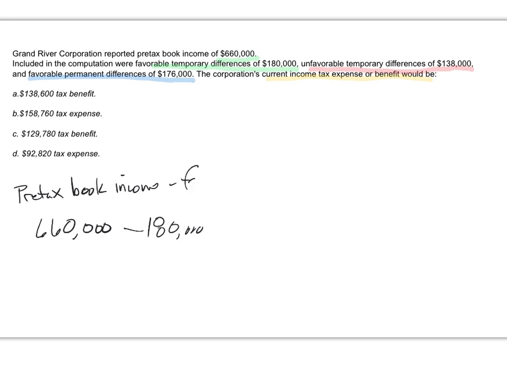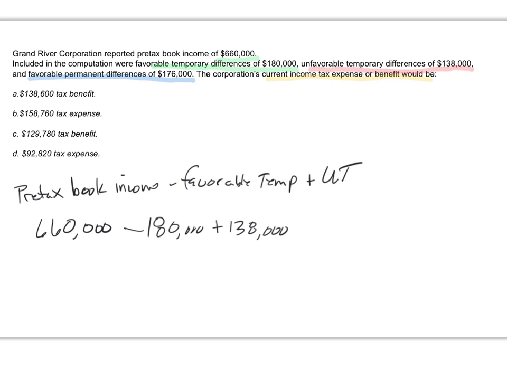So minus favorable temporary differences. And now we have unfavorable temporary differences, so those get added, plus our unfavorable temporary differences.